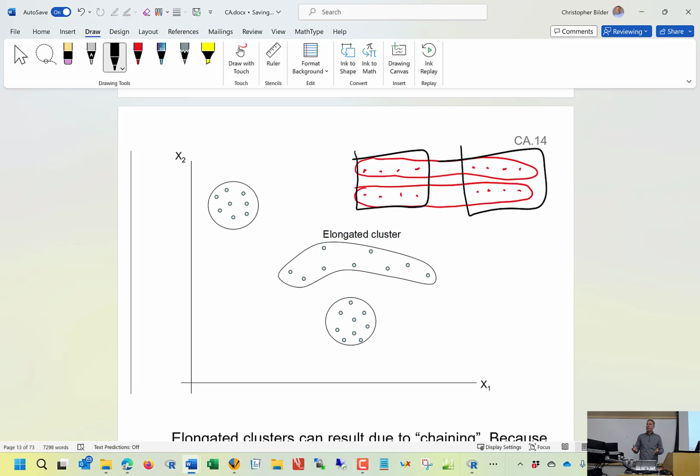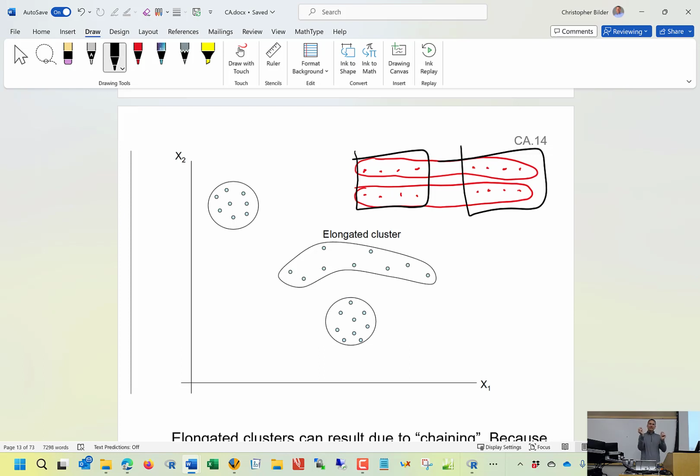Well, why does this happen? Why does nearest neighbor perhaps result in those red clusters there? It's because of how nearest neighbor works. Through this hierarchical process, observations are joined to particular clusters, and the distance between clusters is always the shortest distance between, let's say, this cluster and this cluster.